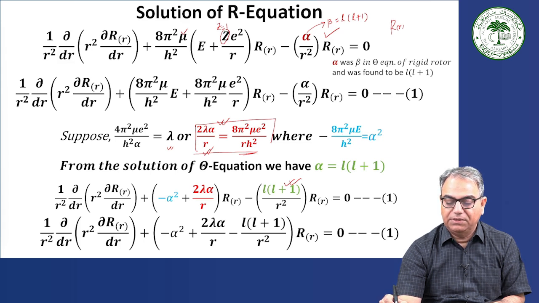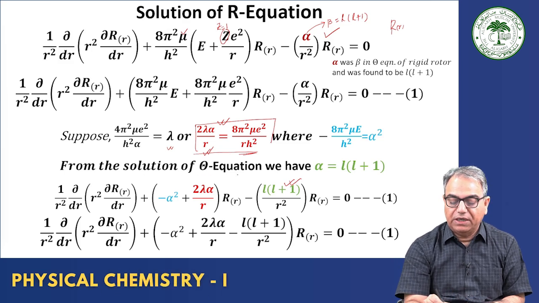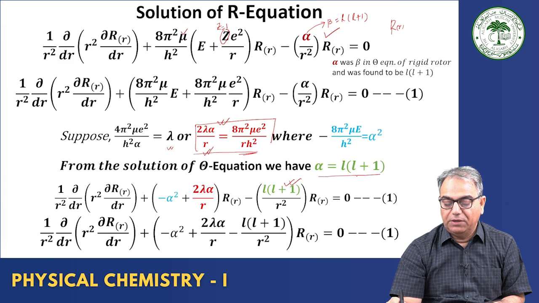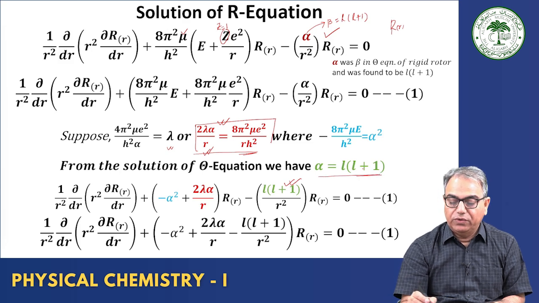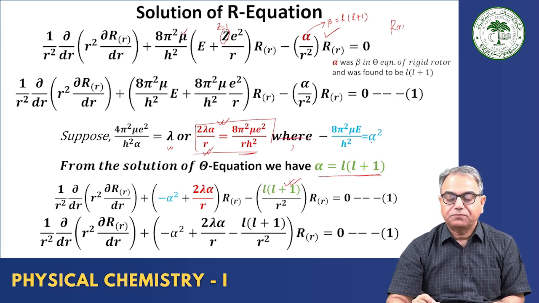It's the same thing, alpha square. Then from the solution of the theta equation we get this alpha, which is in red, L into L plus 1. So you can suppose this also. Then it is easier.